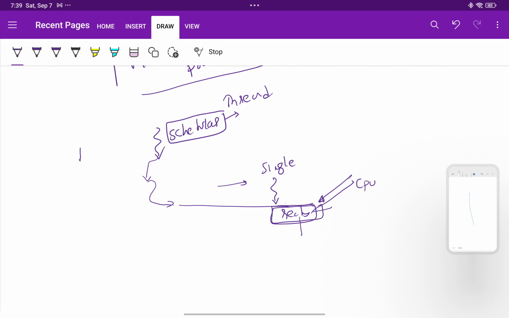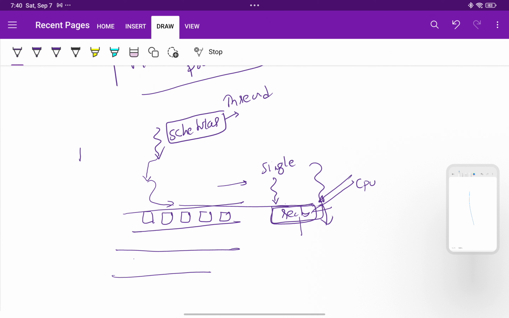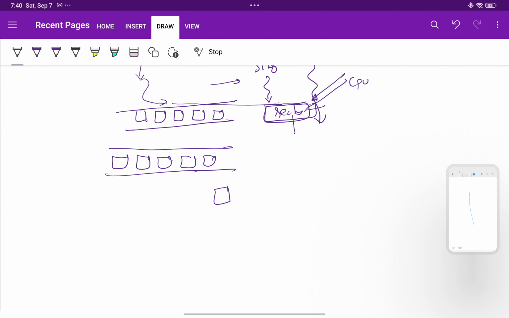Now our requirement is to improve the responsiveness, that's why we are using multiple threads. So there is a single CPU, multiple threads are there. These threads are in the waiting queue, and only one thread is in the running queue, meaning the CPU is running this thread.